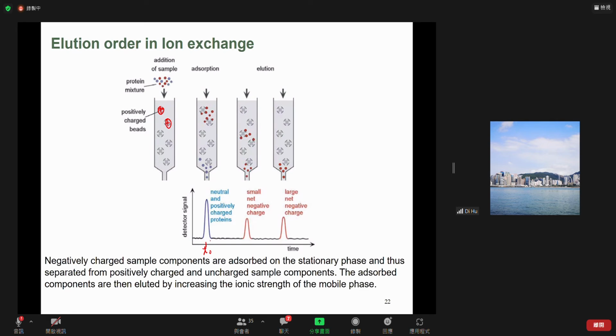They come together with the mobile phase, no interaction at all, right? And then this is for a small negatively charged one, and a large negatively charged one. So the larger Z, assuming the same size, comes out later. So this is one example of that.